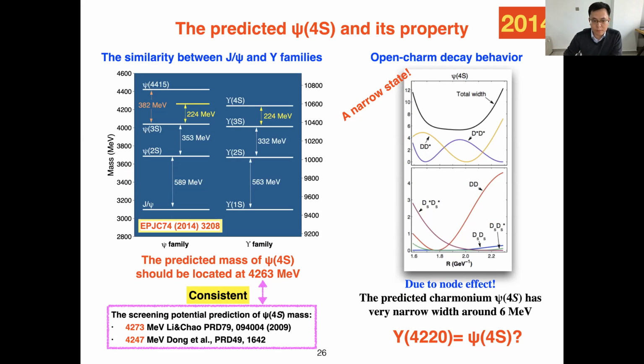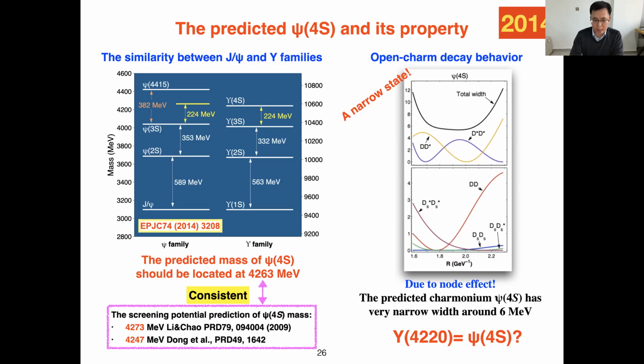You notice that there also exists a mass gap of around 200 MeV corresponding to the mass gap between the Upsilon(4S) and the Upsilon(3S). We can use this mass gap to make a prediction for the Psi(4S). We found that the Psi(4S) mass should be located at 4.2 GeV. This result is consistent with the screened potential prediction for the Psi(4S).